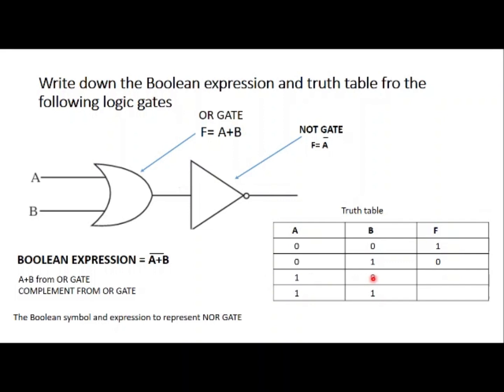But the opposite, as there is a NOT gate, 0. 1 and 1, 1 plus 1 would be 1, but because there is a complement due to the NOT gate, you get the value as 0. So this will be your truth table for this combined logic gate.